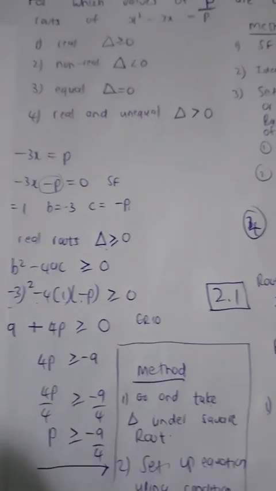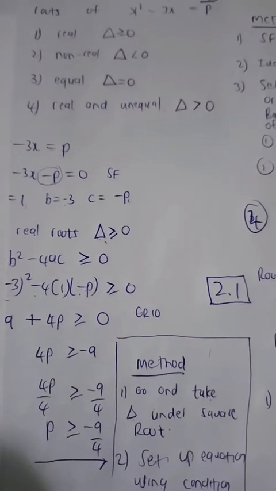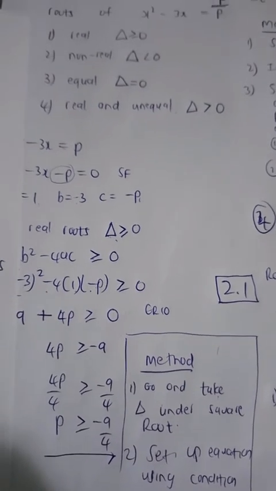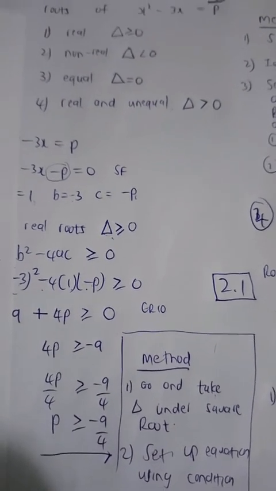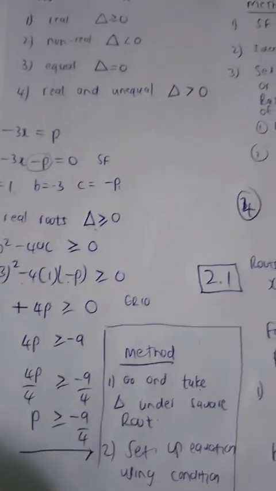There's also type 3 of nature of roots, and I have provided examples of type 3. I recently uploaded a video on type 3 of nature of roots on my TikTok page, yesterday. You can check out the video, because those are questions that have to do with show that or prove that the nature of roots are a certain way.